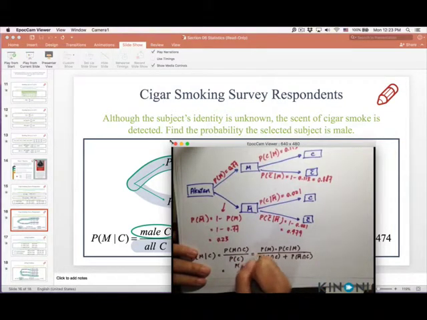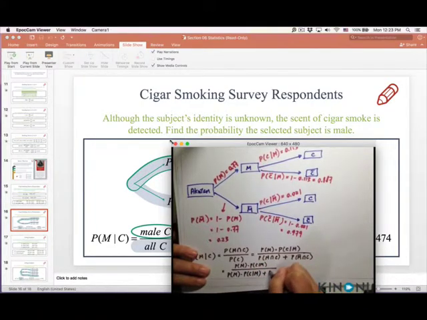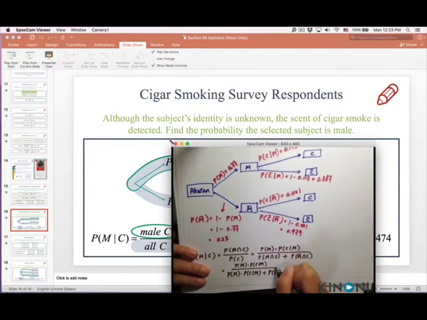So on the top we have the same thing here. On the bottom, write it down, plus using the multiplication rule: probability not male times probability of smoke given that he's not male.